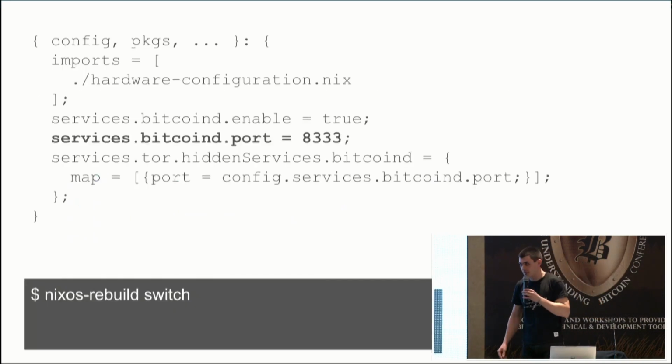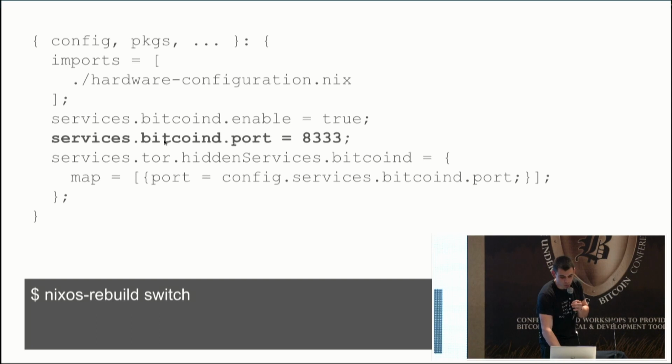So this is our example from before, where we specify the Bitcoin-D port in order to be able to use it later in the hidden service configuration. The port is of type null or an unsigned integer 16-bit. So what would happen if I would forget to set that line here?